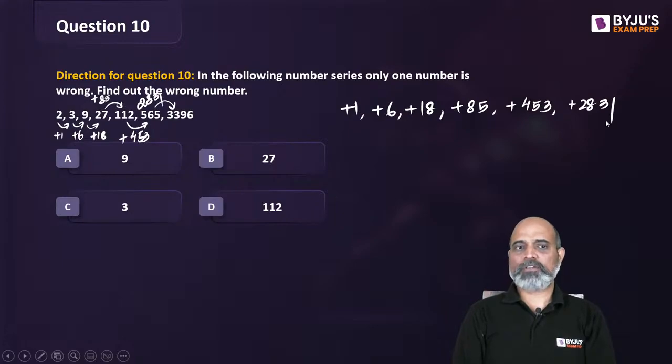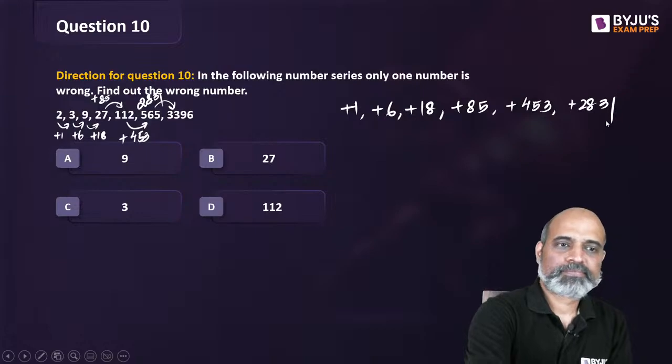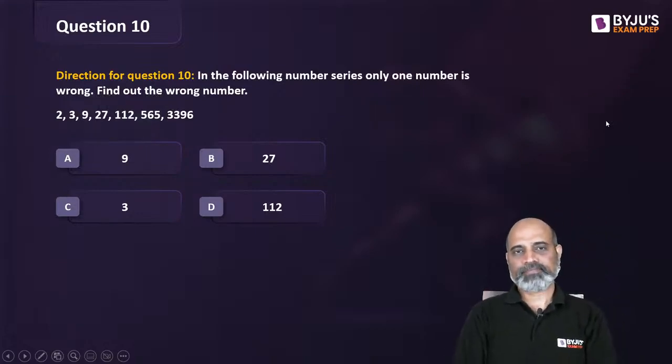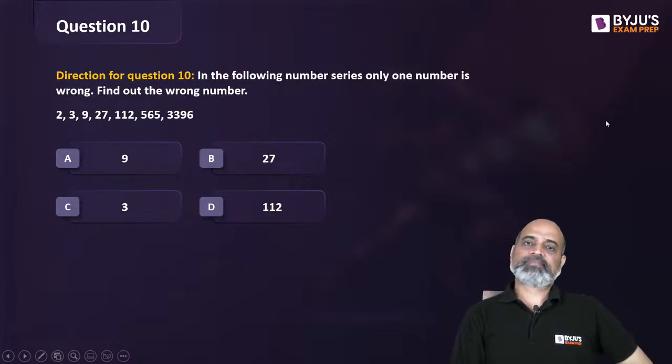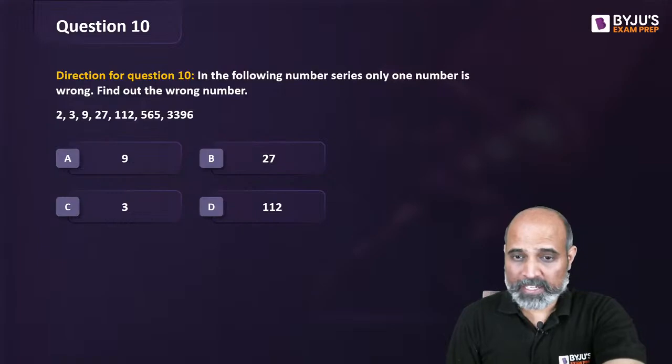The difference is not making sense, is it? There is no pattern in the differences, something else is going on. Anyone? The values are increasing very quickly.